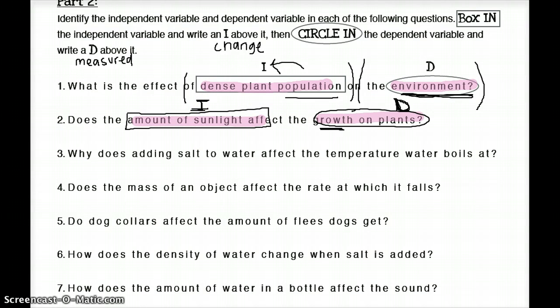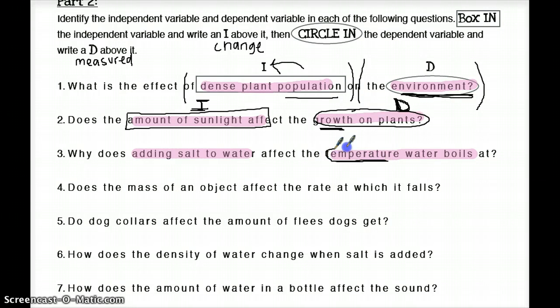One more just to make sure you understand. Number three, why does adding salt to water affect the temperature water boils at? So there's two parts. Adding salt to water, temperature water boils. So we are actually testing and measuring the temperature.